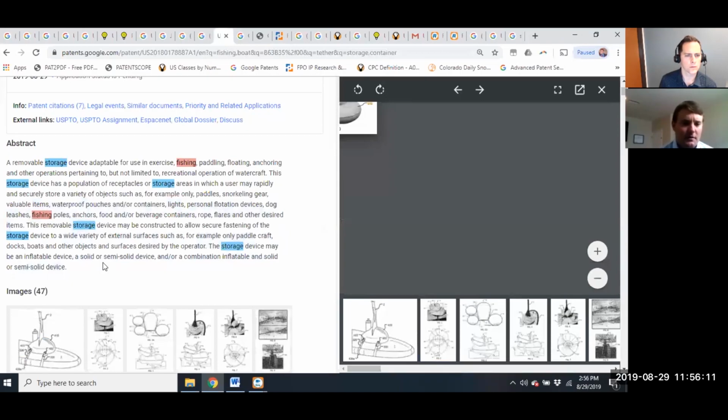So anyway, sorry for the meandering dialogue on that, but if I were to give advice to an inventor at home doing their own search, that's something I would definitely consider, because the full extent of what is taught in a patent is not in the abstract. It's in the entire thing. So you really need to look through it and try to find those patents that are related to your field and make sure they're not teaching or suggesting things that are going to anticipate the features you want to claim in your invention.